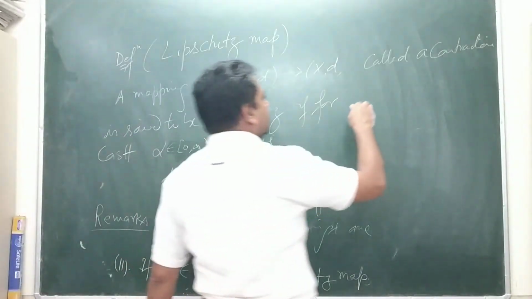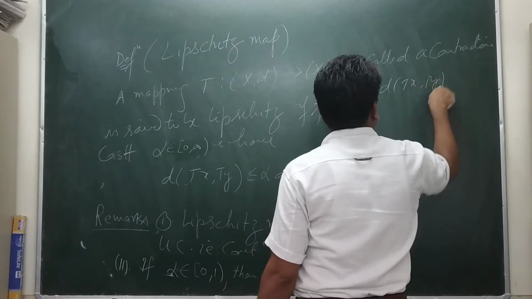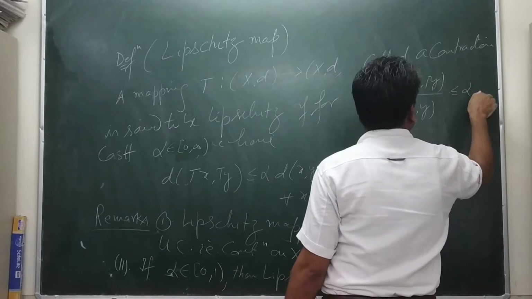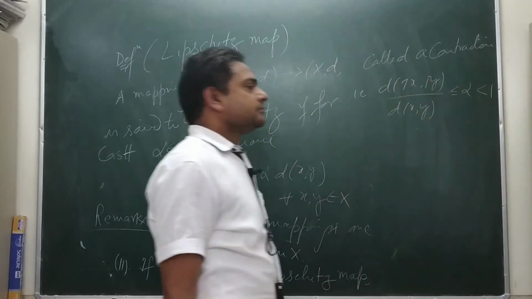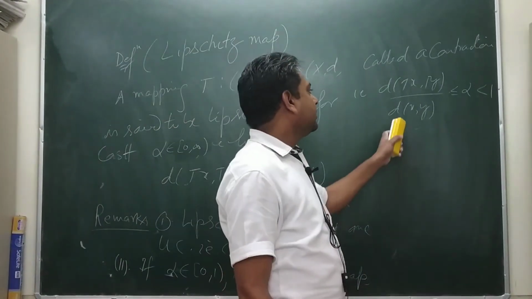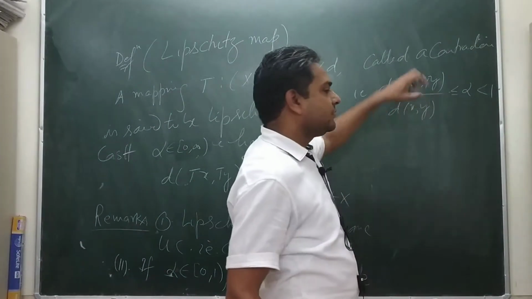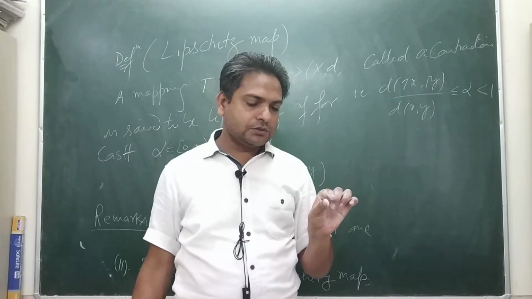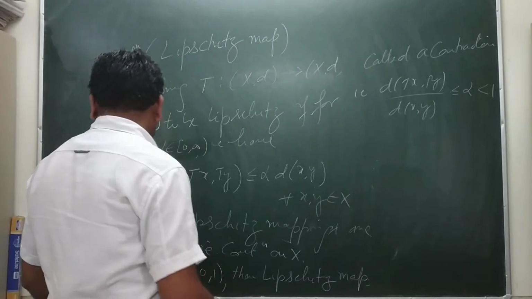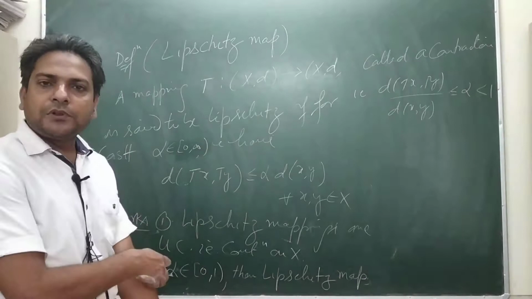So again you can see here that d of Tx Ty over d of xy is less than or equal to alpha, but alpha is less than 1. So the ratio of d of Tx Ty over d of xy is always strictly less than 1. This means that these images in every step are basically going closer to each other. Okay, so this is the definition of the contraction, or sometimes people use the word contractive map also.